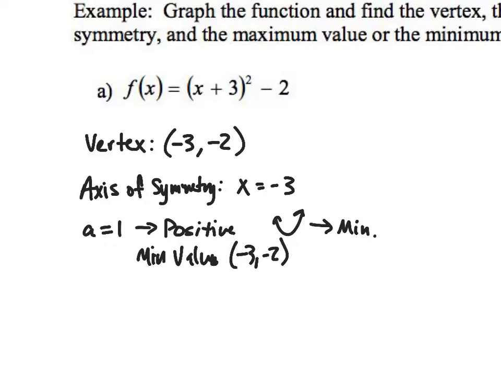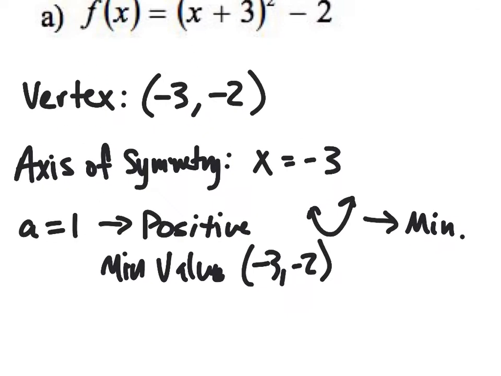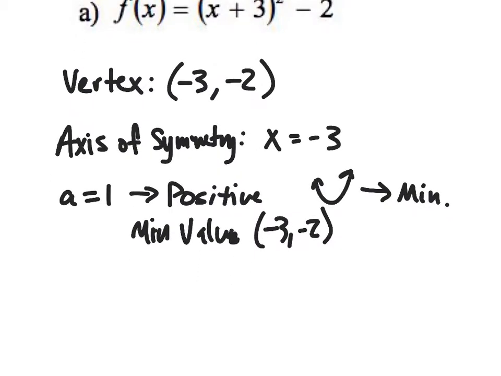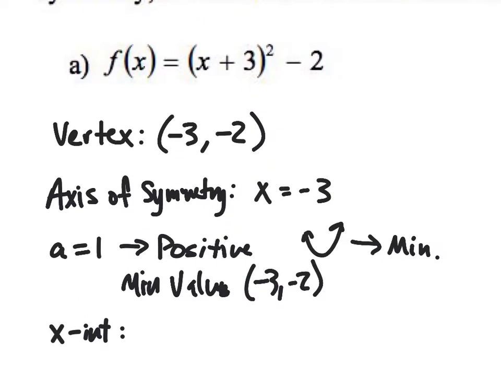Now the other thing I want to do for this problem is identify my x-intercepts and my y-intercept. So let's find our x-intercepts. For the x-intercepts, I want to set my function equal to 0 and solve for x.